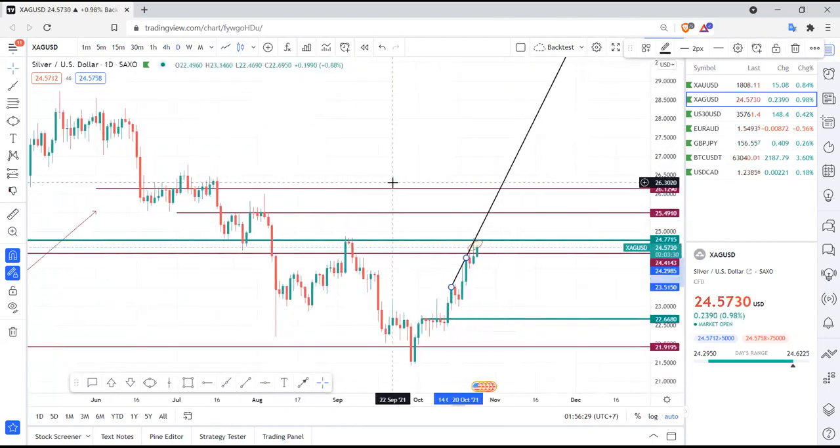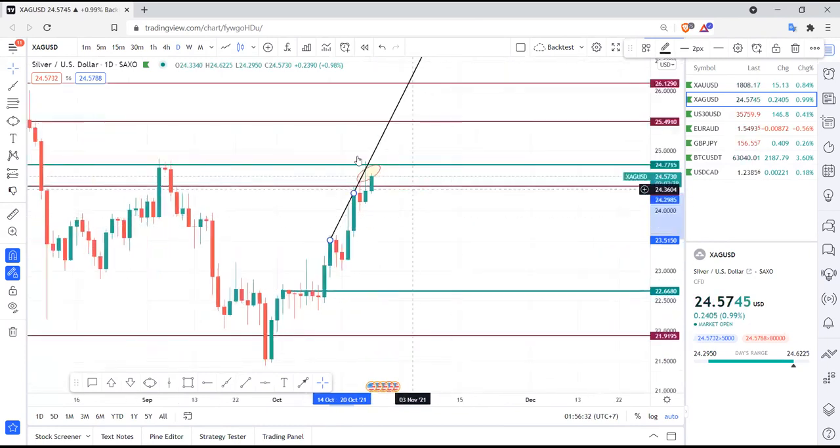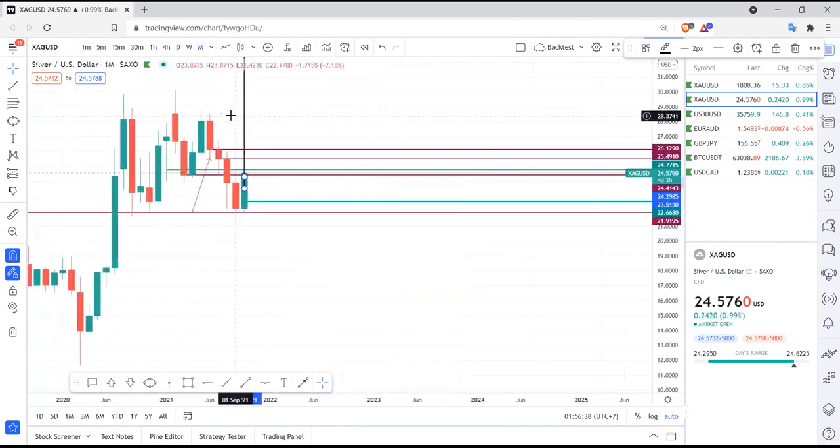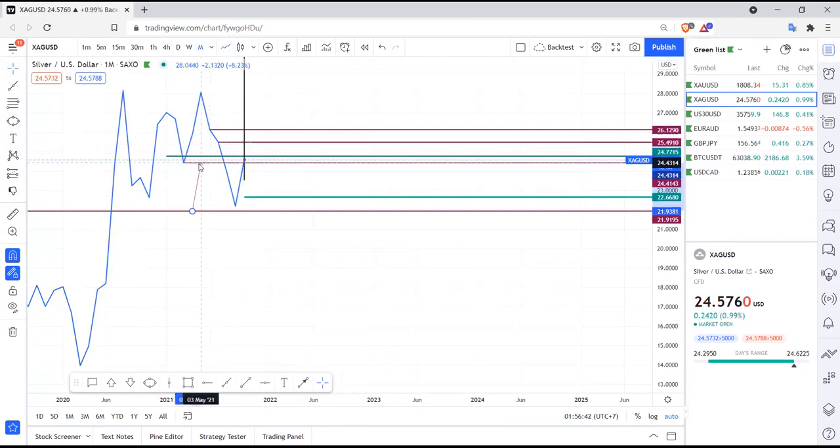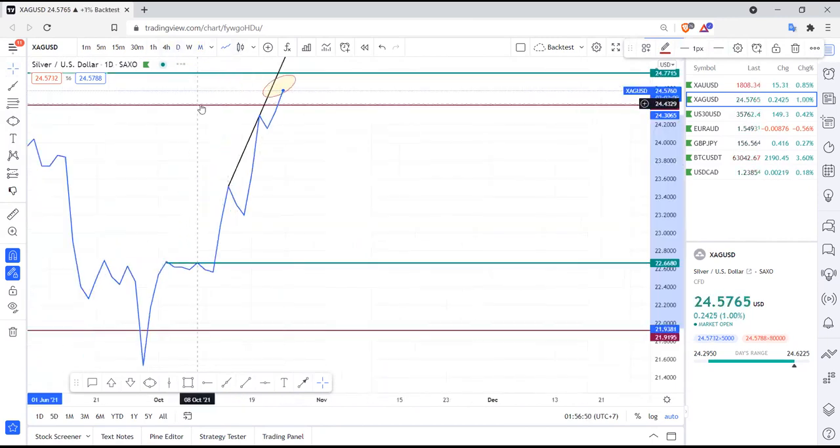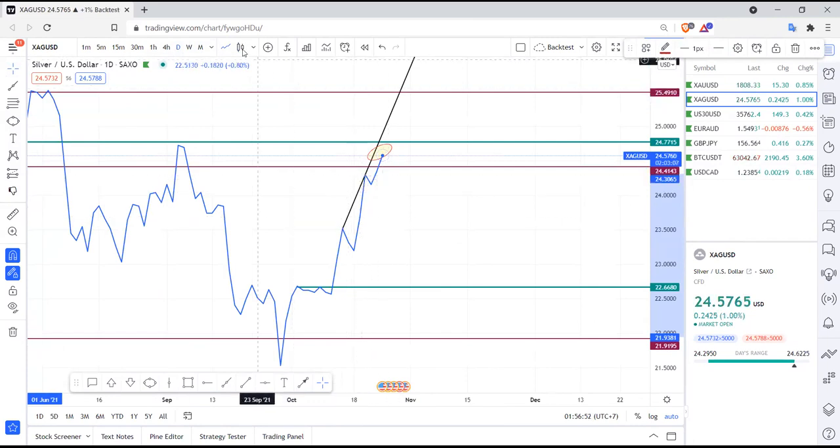Why am I using daily? Because I know that the direction will be monthly to monthly. So I will consider the monthly breakout first. So I'm using the daily trend line for the H4 breakout, for the monthly breakout.